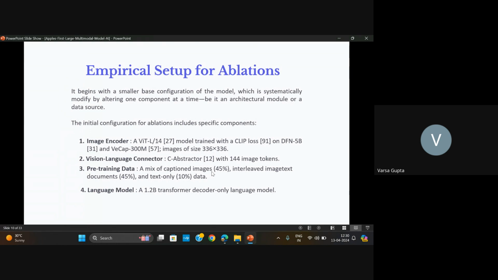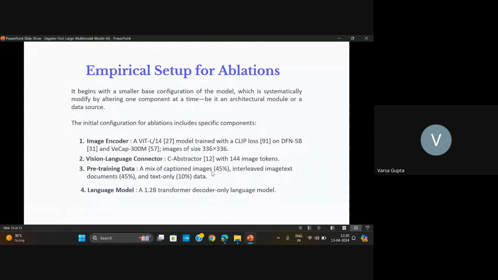Basically, the C-Abstractor serves as a connector between visual and textual information, and enables joint understanding and reasoning across different modalities like vision and language. The third thing we see is pre-training data.